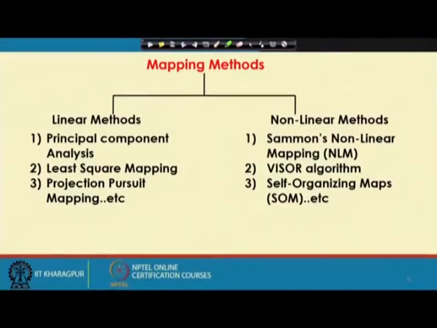Now, by knowing the most appropriate search direction, we can accelerate the search of the GA just to make it faster. Today I am going to discuss in detail the working principle of some of the very popular nonlinear mapping tools.